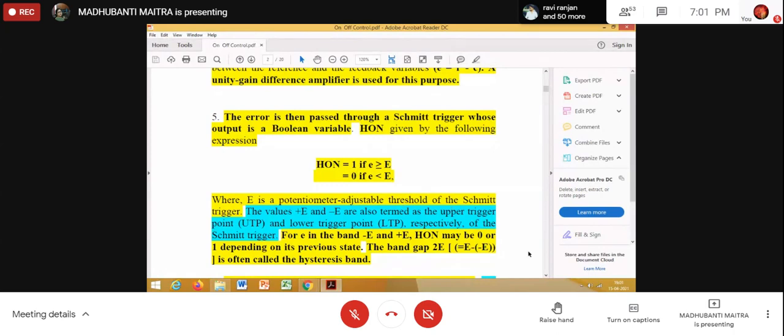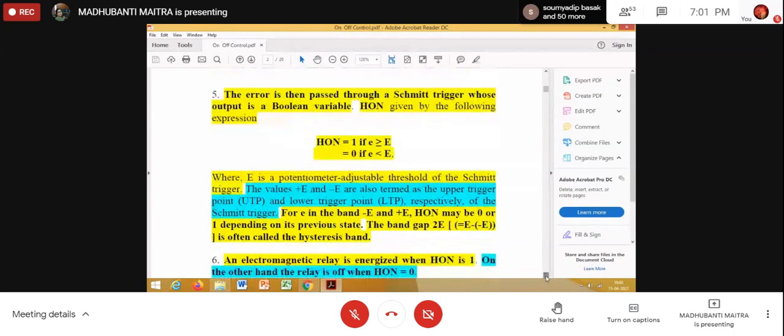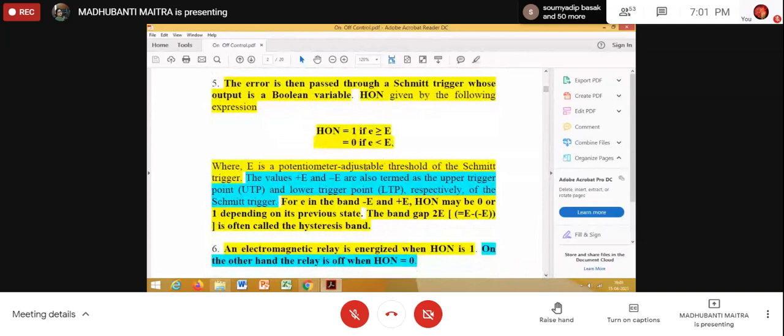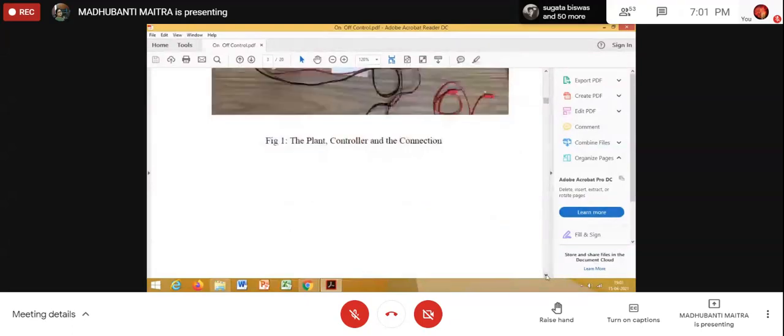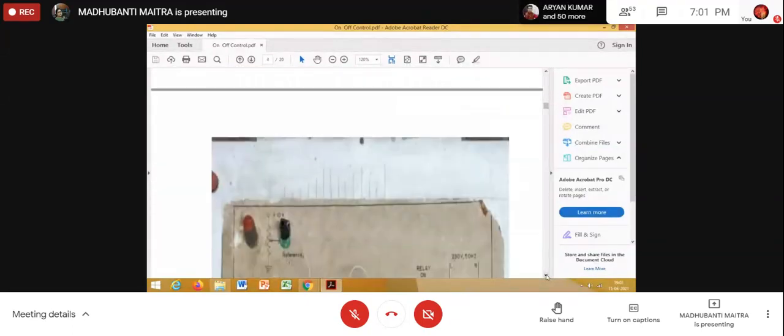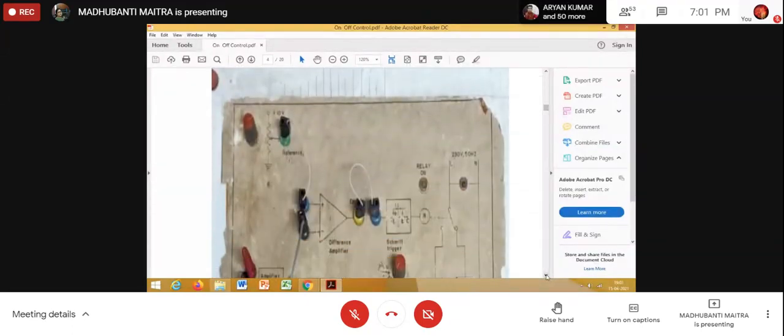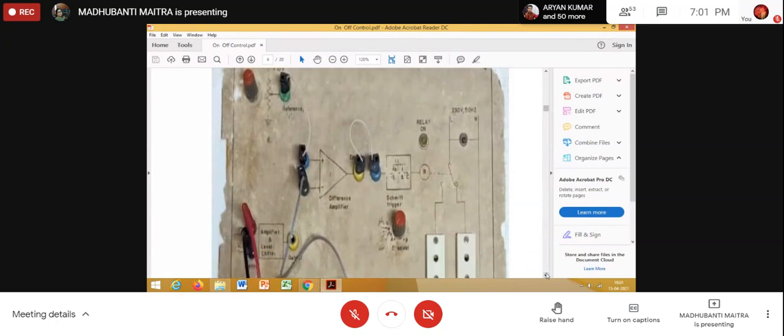Now please note that E is a potentiometer adjustable threshold of the Schmidt trigger. This threshold value E can be set as per our desire with the help of this potentiometer, right?